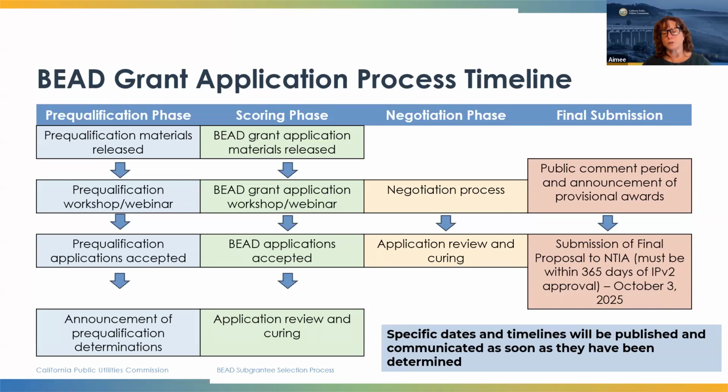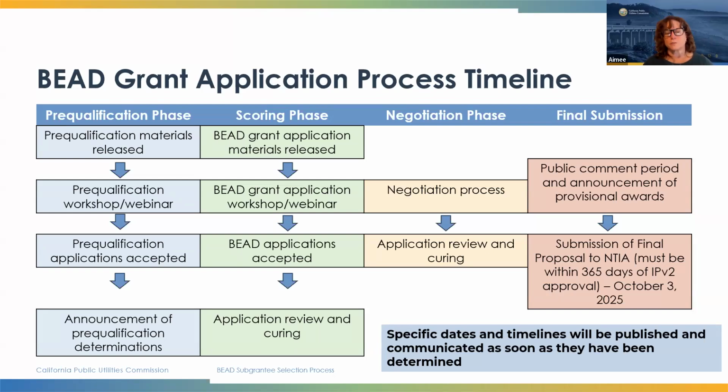Once the grants management system and the grants application period opens, then the CPUC will accept the application. When that period closes, or on a rolling basis, depending on the period, then there will be an announcement of pre-qualification determinations, and then pre-qualified applicants can go and apply in the scoring phase.